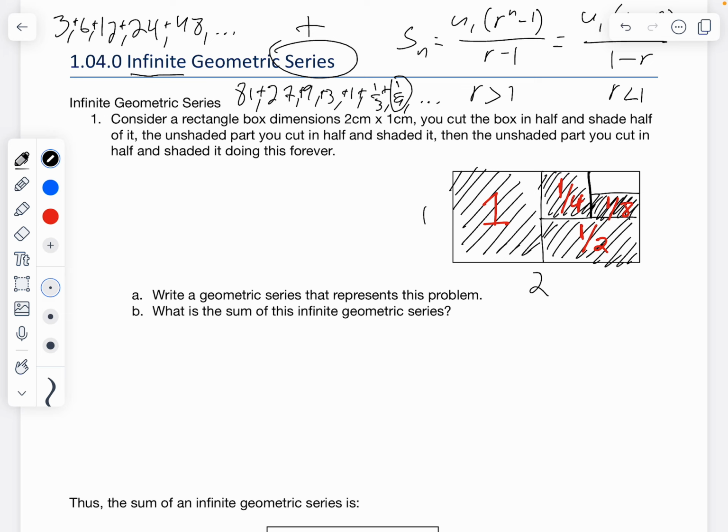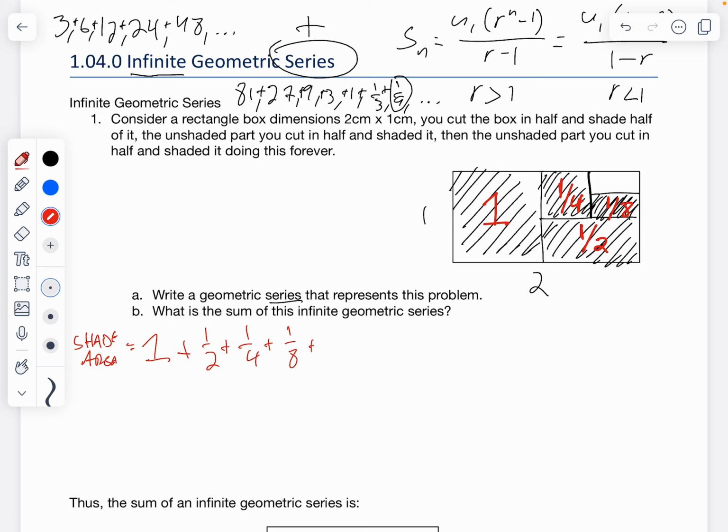So let's say I wanted to add all the shaded pieces together. First I want us to write a geometric series that represents this problem. We're trying to find the shaded area, so the shaded area would be equal to 1 plus 1/2 plus 1/4 plus 1/8.